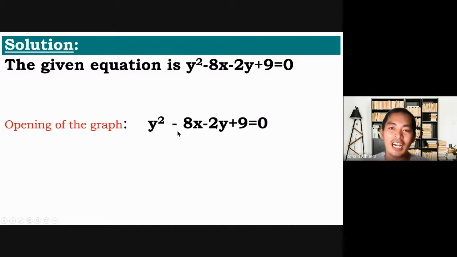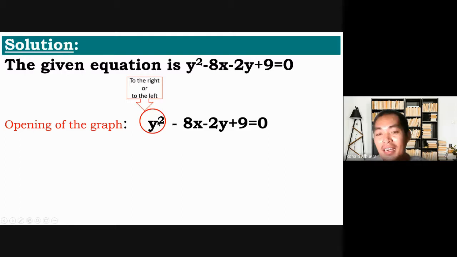Opening of the graph. Ang reference naman natin yung may square, which is y. Okay? To the right or to the left ito, kasi ang reference natin ay variable y. Pag ang may square ay y, ang graph niya ay opening to the right or to the left. Pero paano natin malalaman kung to the right or to the left?